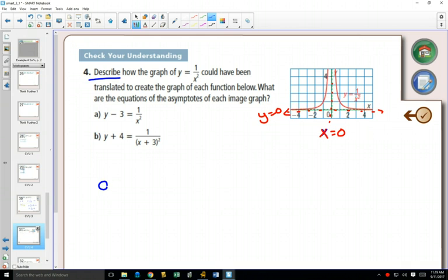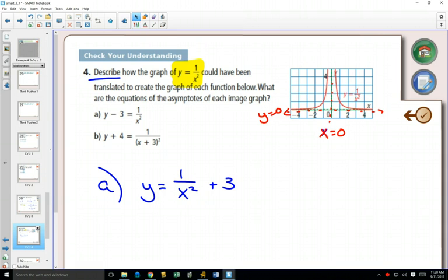For part A, the first thing we would do is probably get y by itself and rewrite this. Then think about it: if this was my parent graph right here, what's the only thing that's different in this equation? The plus 3. And we could explain that in a sentence.